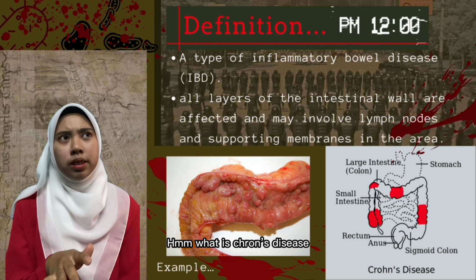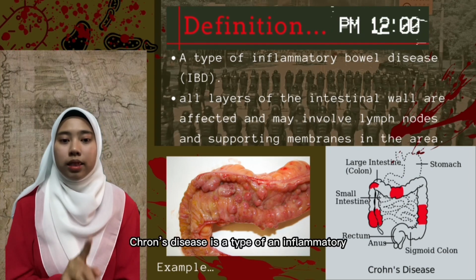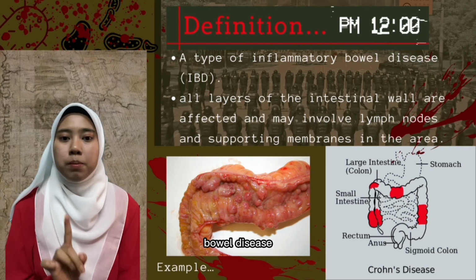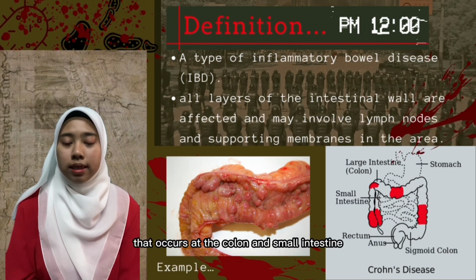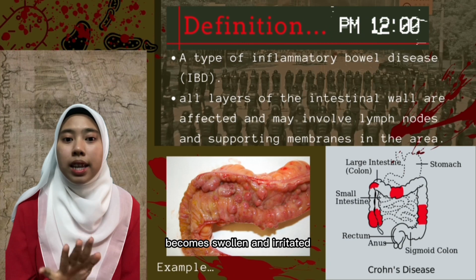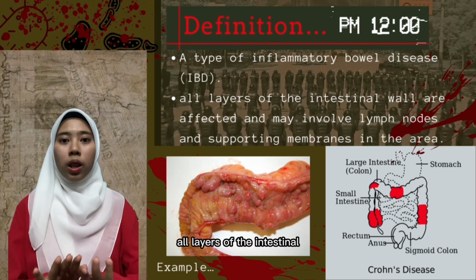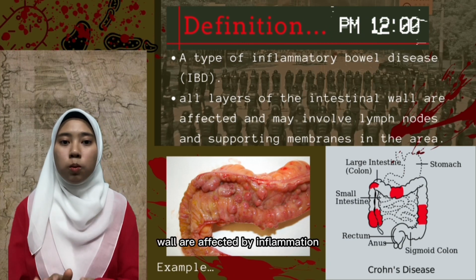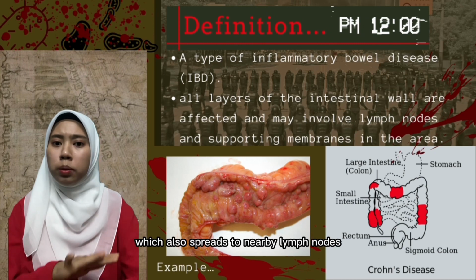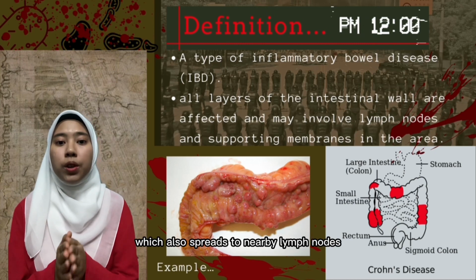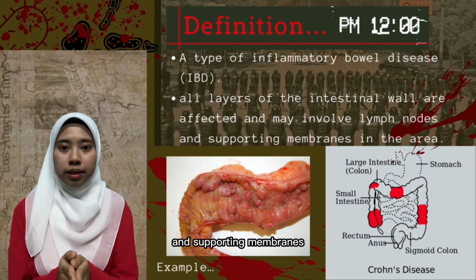What is Crohn's disease? Crohn's disease is a type of inflammatory bowel disease that occurs when the colon and small intestine become swollen and irritated. All layers of the intestinal wall are affected by inflammation, which also spreads to nearby lymph nodes and supporting membranes.